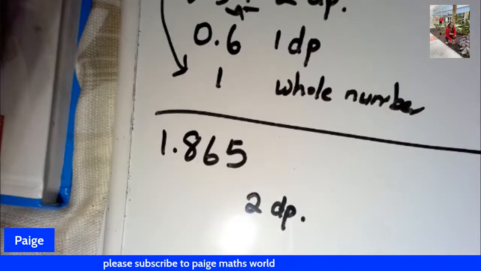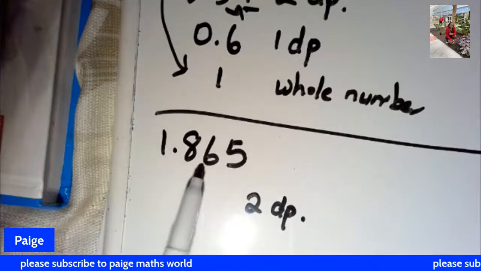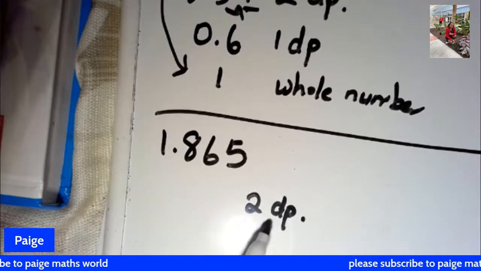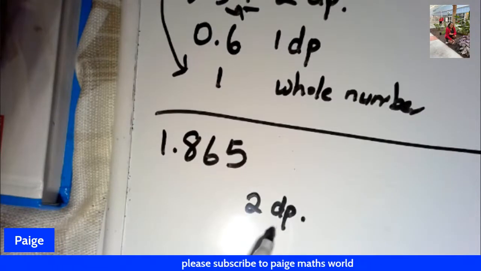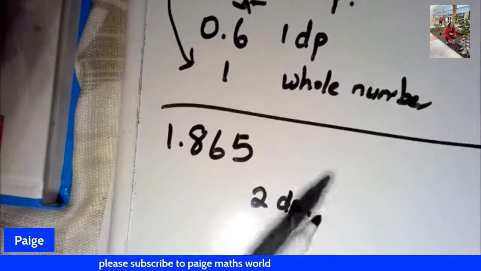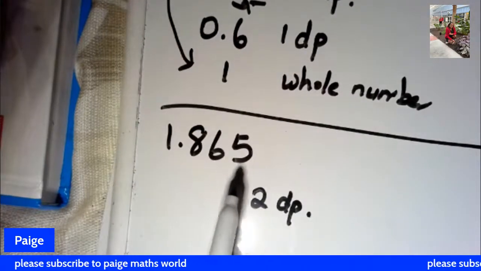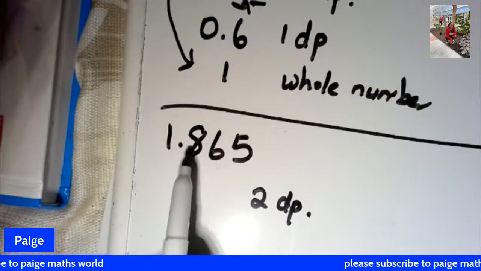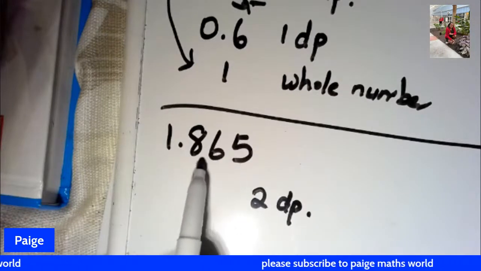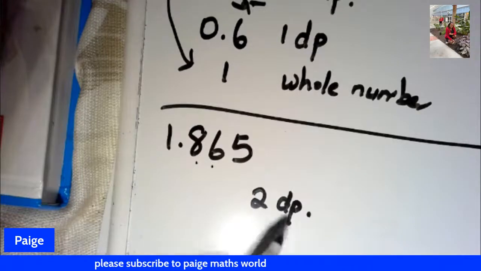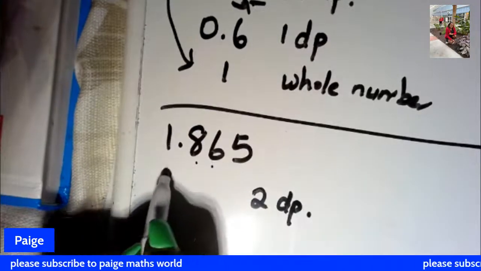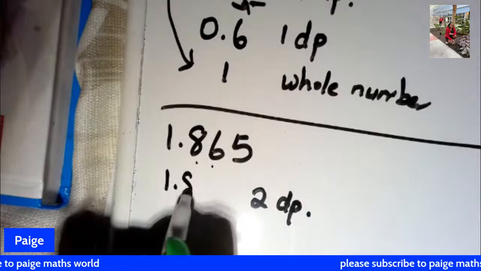All right, so let us look. If we look at 1.865 and we want two decimal places, rounding it off to the nearest two decimal places, it means you're going to be looking at the numbers behind the decimal point. So this is 1, that's 2, right? When you round this off to two decimal places, you look to your right.